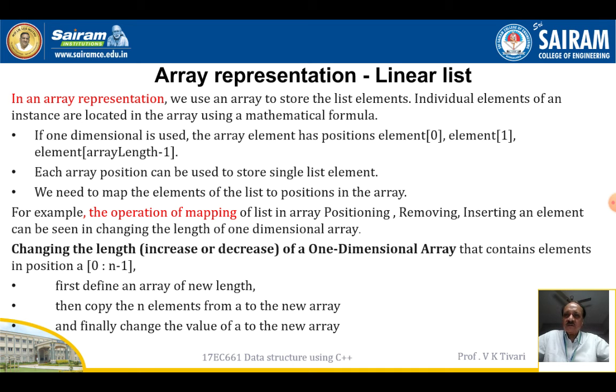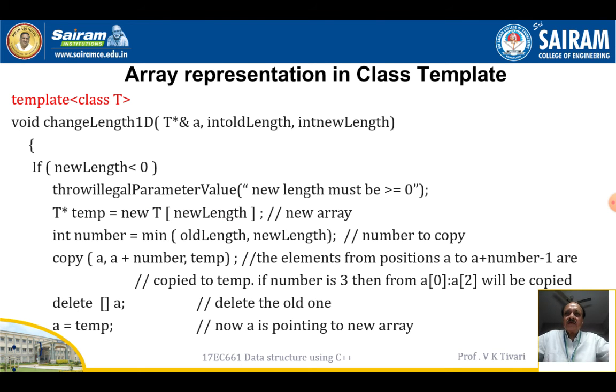There are three steps. First, define an array of new length. Then copy the n elements from A to the new array. Then finally change the value of A to the new array. The same thing we are going to discuss in the array representation class template. What we have, about three lines, we have gone through.